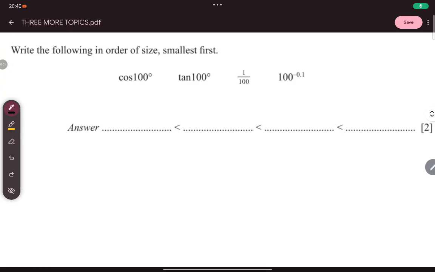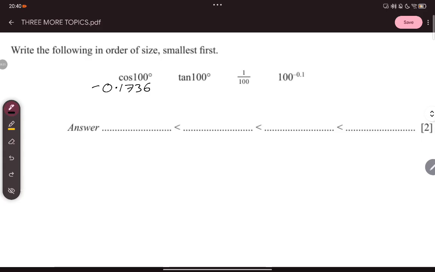Okay, next question. You might want to pause the video and then compare your answer with mine. I'm going straight into this one. Cosine 100 degrees is in fact a negative, isn't it? So negative 0.1736.